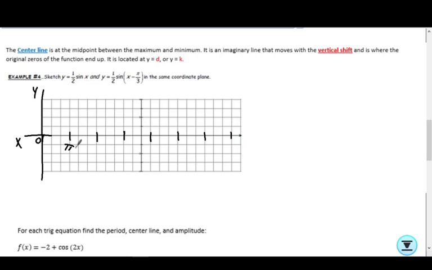So this is pi over 2, this is pi, 3 pi over 2, 2 pi, 5 pi over 2, and so on and so forth.